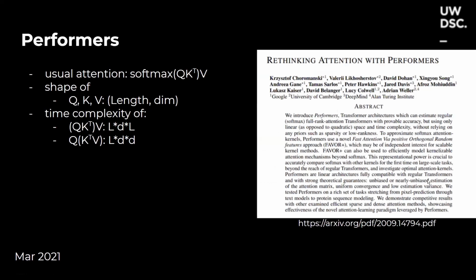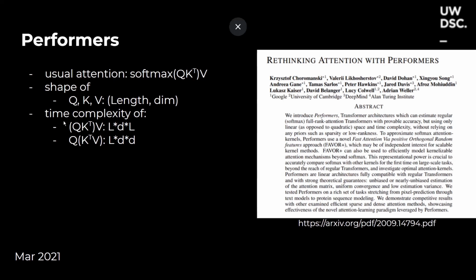Okay, the last one. This one has a lot of complicated math, so I'll just keep it short. You know what the usual attention score is, how it's calculated. I simplified it to just Q times K, we softmax it, and V. And what Performer does is that it simplifies the runtime operation of this calculation.